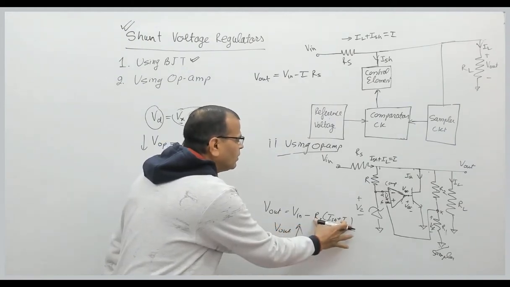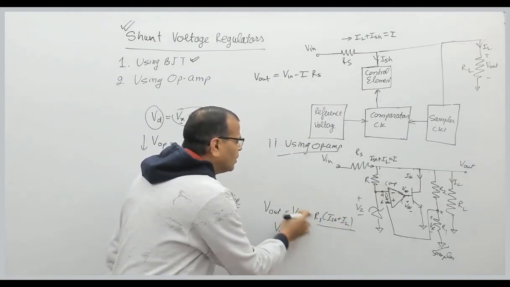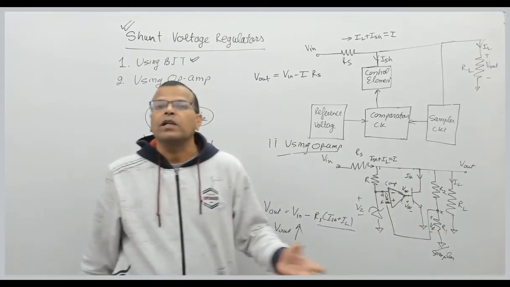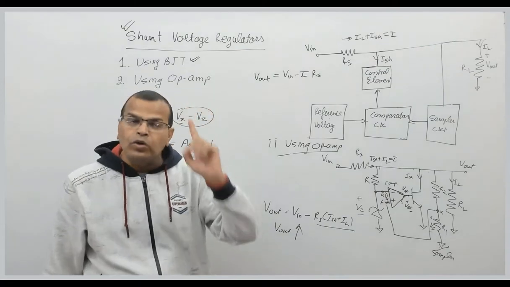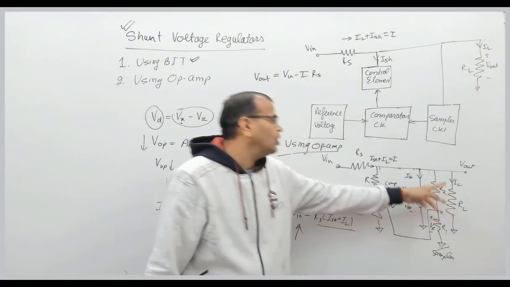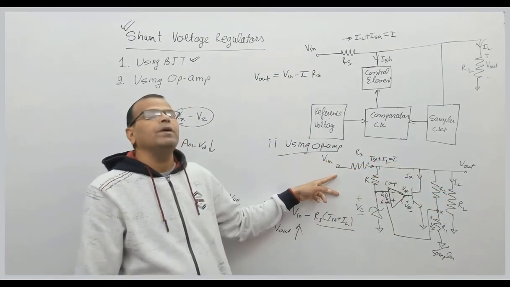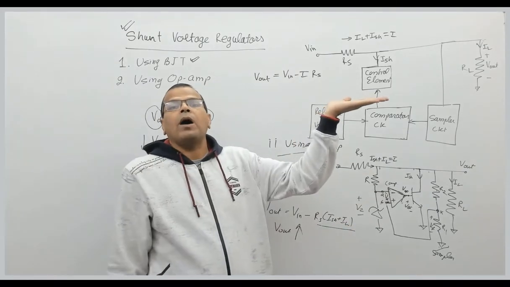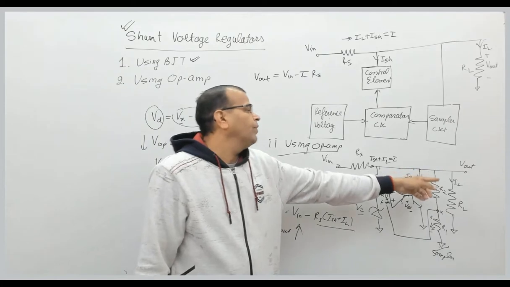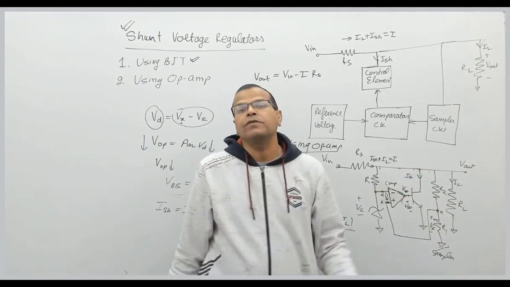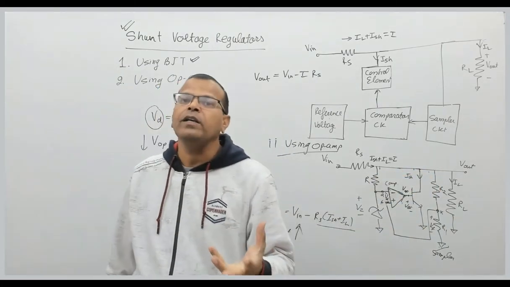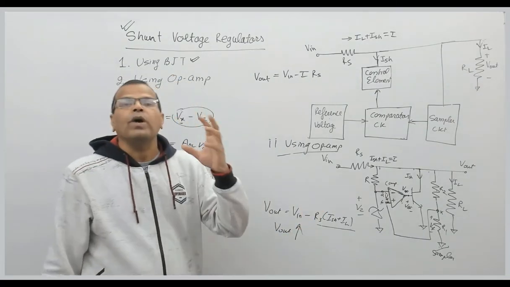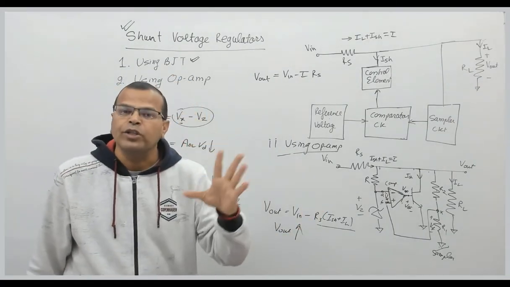Why? Because when this product reduces, the difference will increase. So the output voltage is increased. That means when the output voltage reduces, because of either a reduction in load resistance or a reduction in input voltage, it is again pulled up by this feedback mechanism, right? So it is brought back to the initial level. That is case 1, when your output voltage reduces.